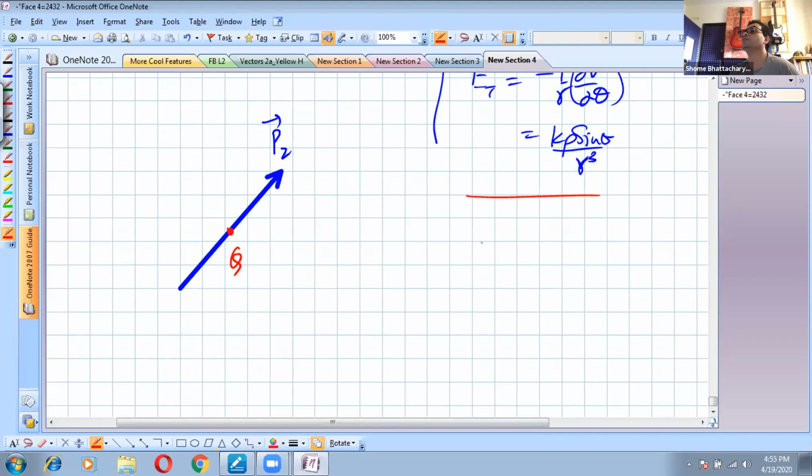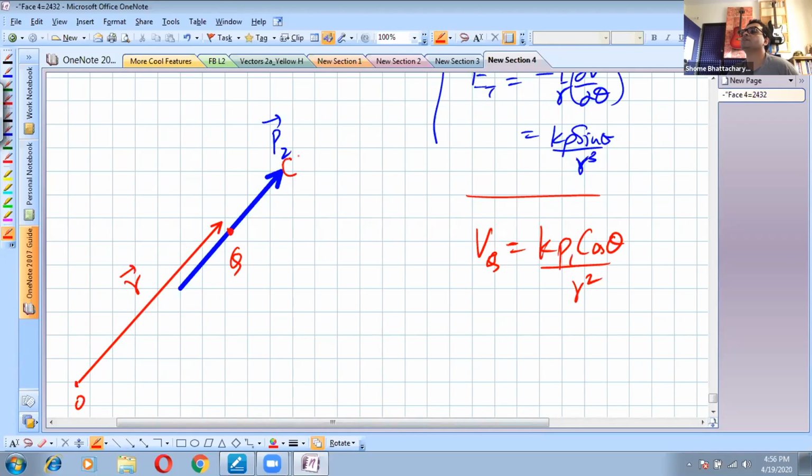I know the potential at that point Q is K P1 cos theta divided by R square. Now, this distance from the center of my first dipole, which I have taken as the origin, is R. So what about the point where I place the positive Q2 charge, and the point where I place the negative Q2 charge?